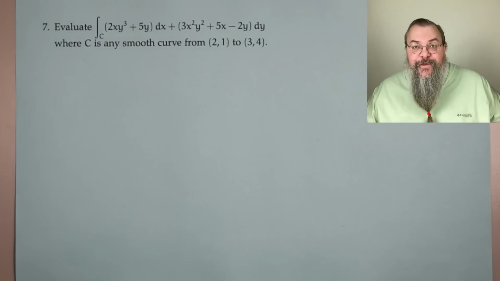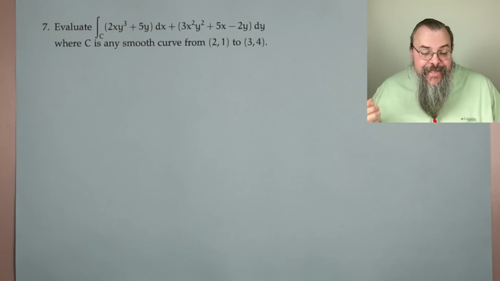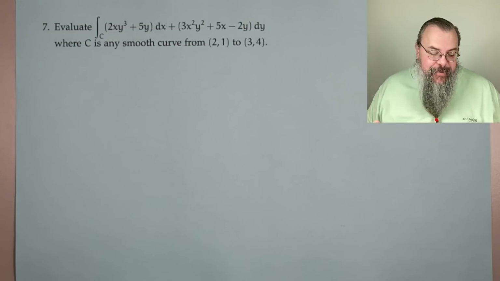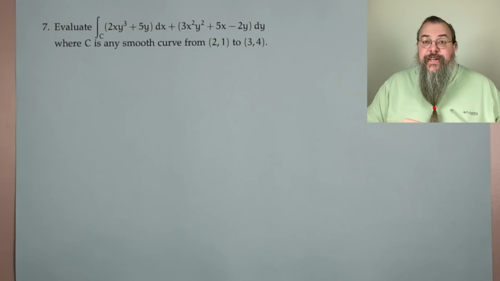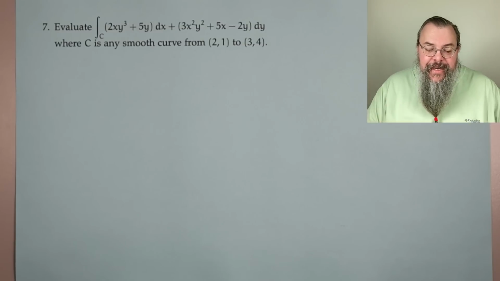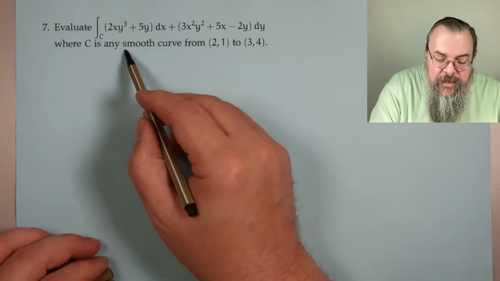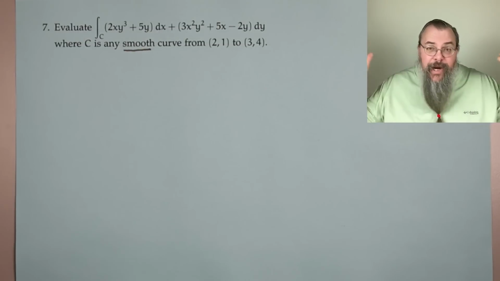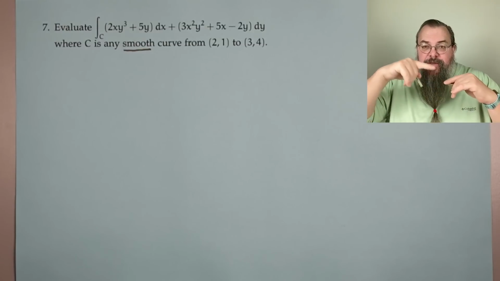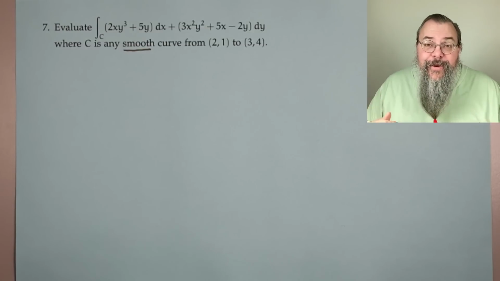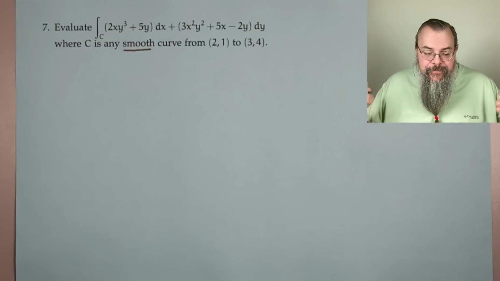They just said it's any smooth curve. But actually, this is tremendous amounts of information, because they said, look, it's not going to matter. And if you're hung up on the word smooth, that just means it doesn't get wild and crazy. You could draw it in a nice flowing motion. So it's just a nice curve.